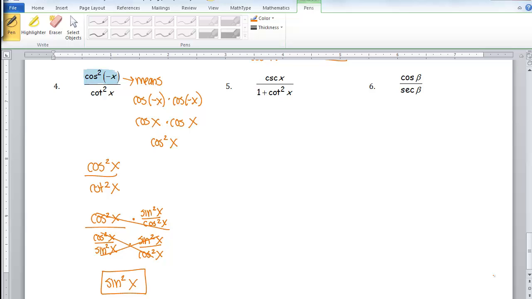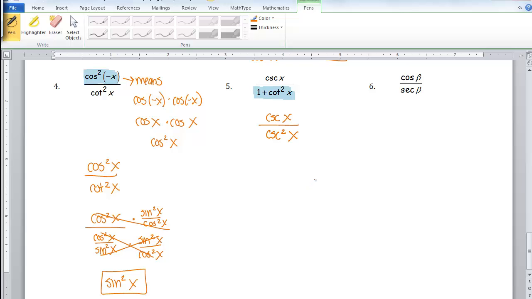When I look at number 5, I see right away that I have a Pythagorean identity. So that's one of the first things I want to change. I'm going to replace 1 plus cotangent squared x with its Pythagorean identity of what it's equal to, cosecant squared x.